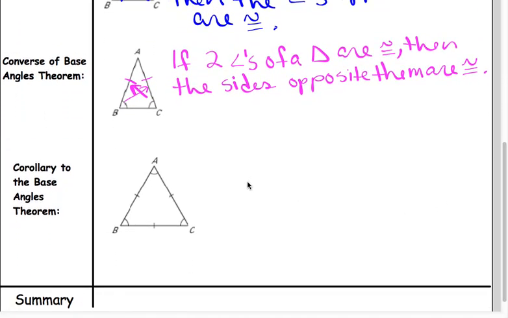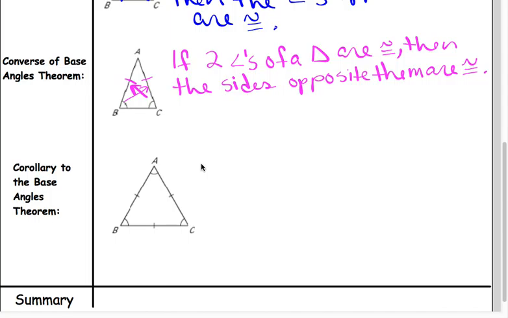The corollary to the base angles theorem says if a triangle is equilateral, then it is equiangular. So it's kind of like up here, where this has two angles, so the sides across are congruent, but this one has all three angles marked, so all three sides across from the angles are congruent, which means they're all congruent.